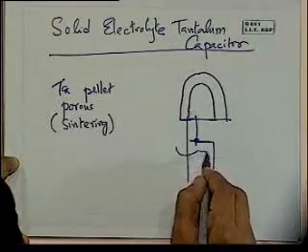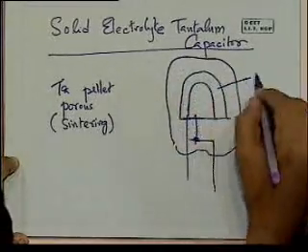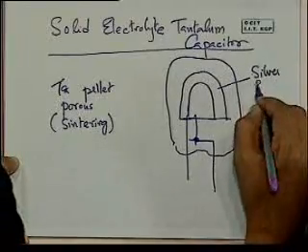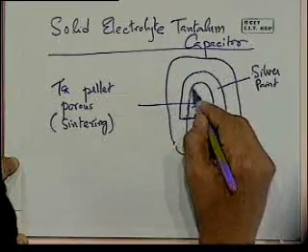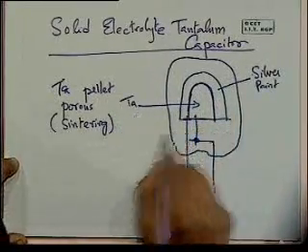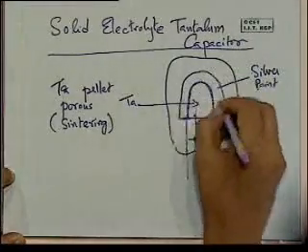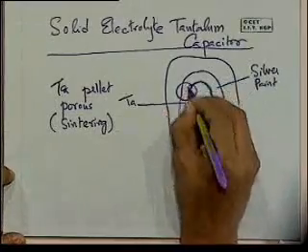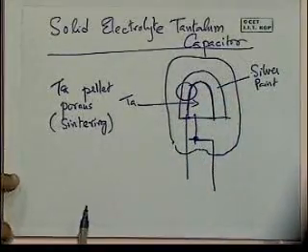And the whole thing is enclosed again within a package. I'll show this cross section here. There's silver paint, and this is the tantalum pellet. And what we'll do is we'll look at a part of this, say one area here. I'm going to expand that to see what it looks like in cross-section.